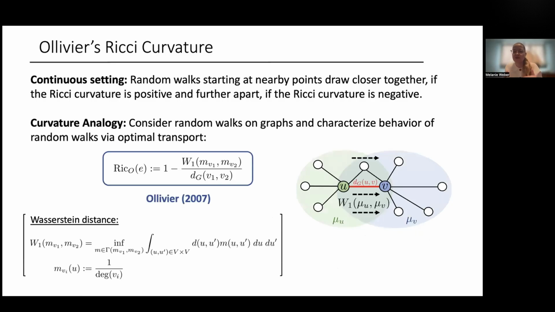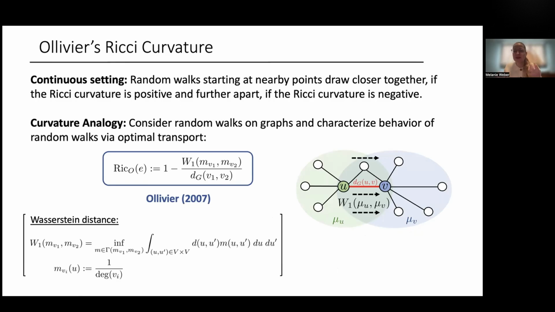Now, if we want to have a notion in the discrete setting, here we want to focus on Olivier's curvature, which is just one way of defining a Ricci curvature in the discrete setting. There are other ways of doing this, but for the purposes of this talk, we'll just focus on Olivier's notion. Remember, we said we want to use a curvature analogy to define the discrete Ricci curvature.